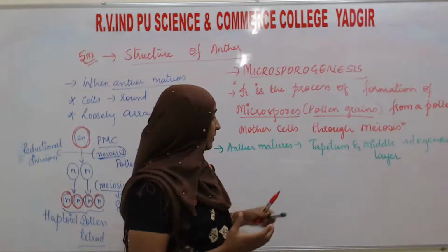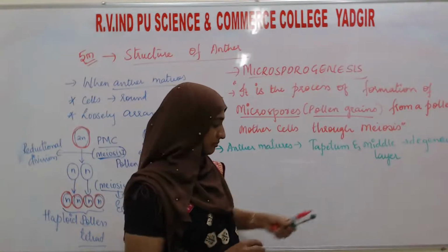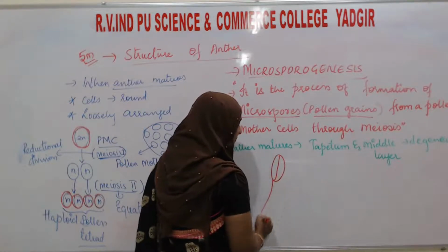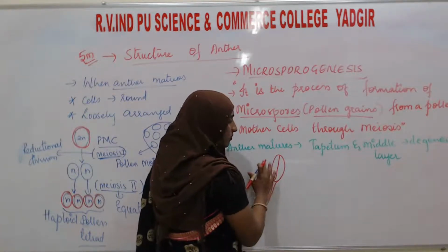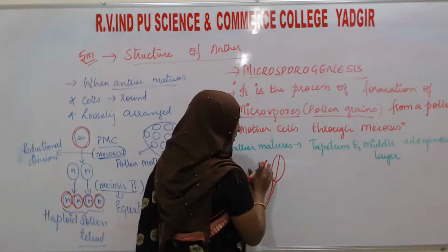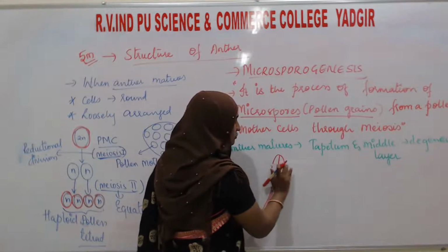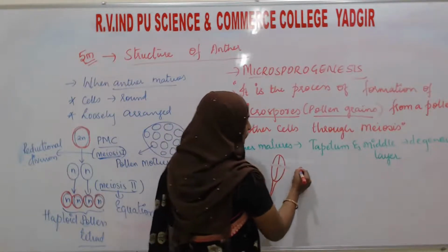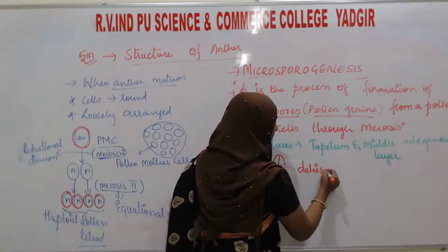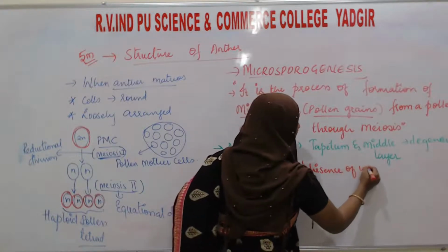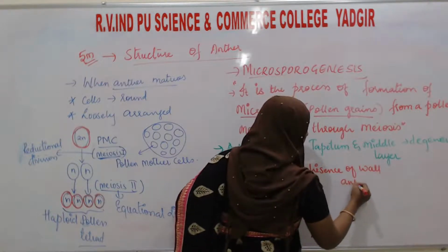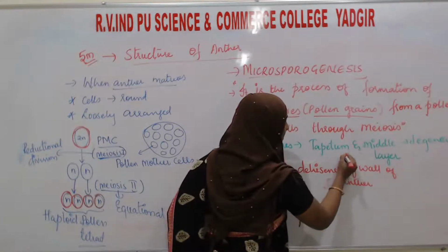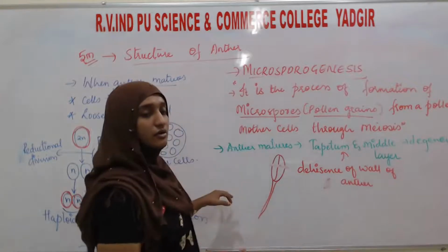So why do these two layers degenerate? See here, if this is the anther, when the anther matures, the wall of the anther has to break down, or dehisce. So for this dehiscence of the wall of the anther, the tapetum layer and the middle layer degenerate.